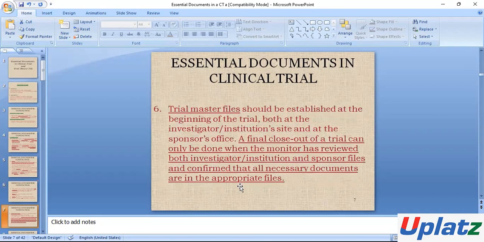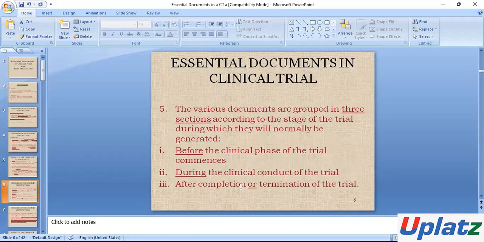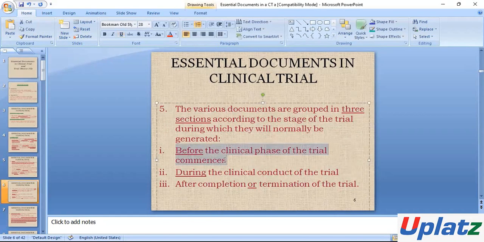The documents will be saved in a file, and that file is known as the trial master file. This trial file should be established at the beginning of the trial, so that you can save all the documents which are created before the phases begin.